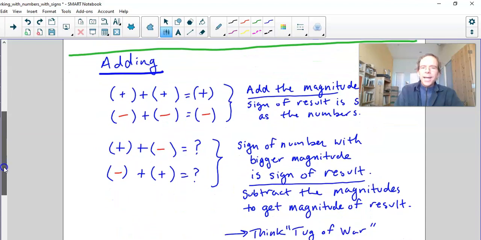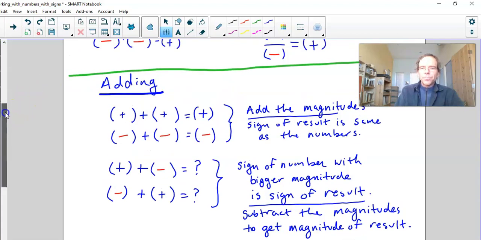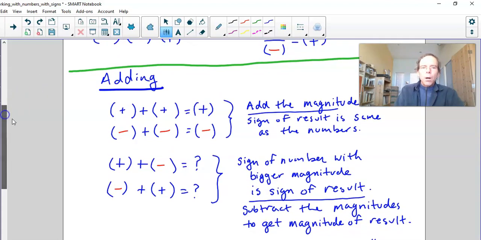If you're adding, then it's more complicated. The easiest bit of adding is when they're both positive, the result's positive. If they're both negative, the result's negative. So you add the magnitudes, and the sign is the same as the numbers you're adding. Okay, what if the numbers are opposite sign and you're adding them?